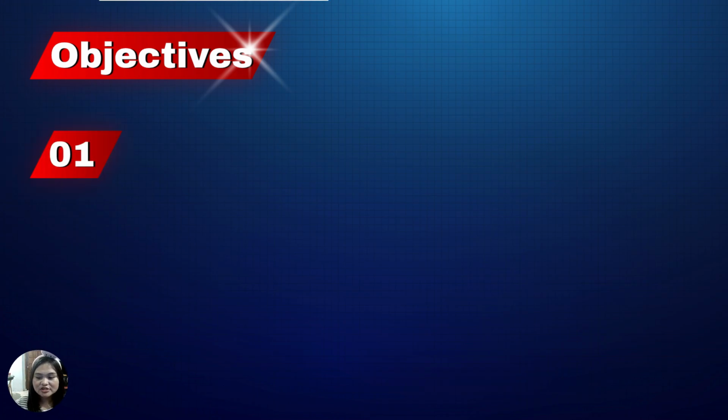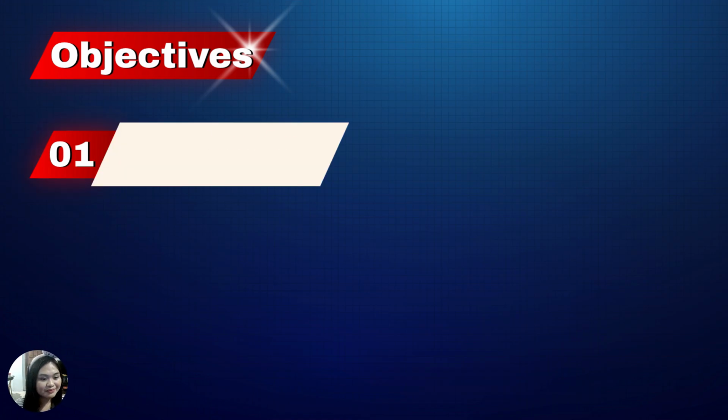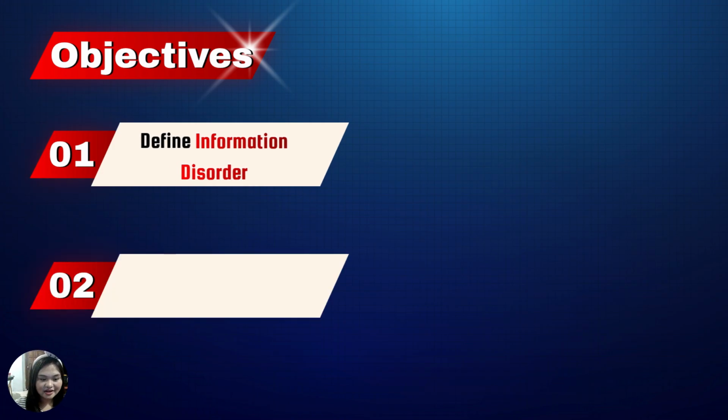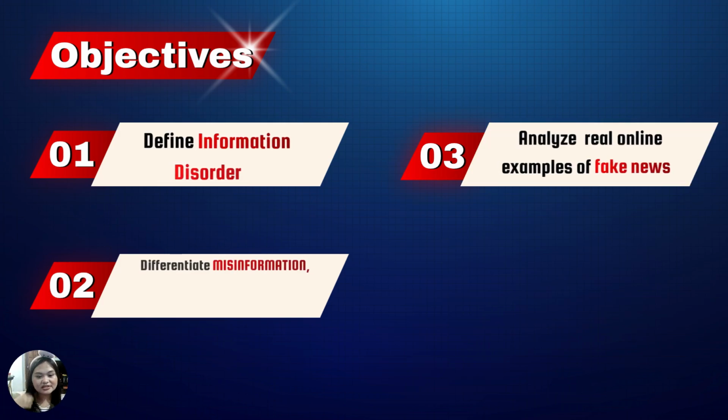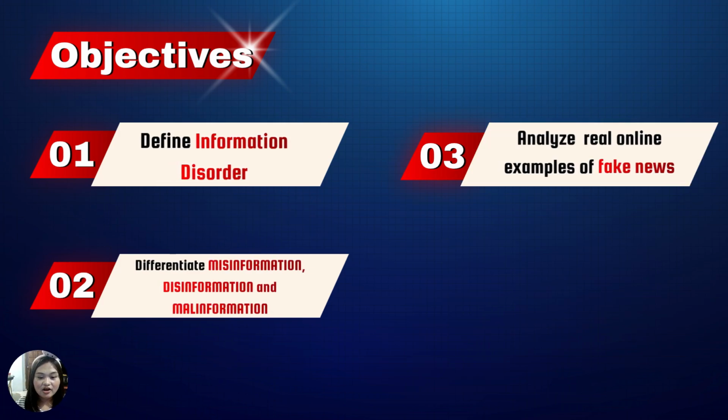So, by the end of this presentation, we should be able to first define what information disorder is. Second is differentiate misinformation, disinformation, and malinformation. Third is analyze real examples of fake news.